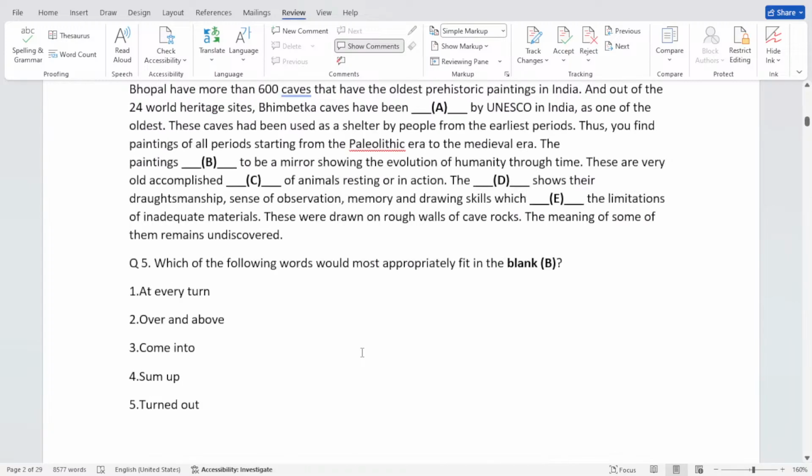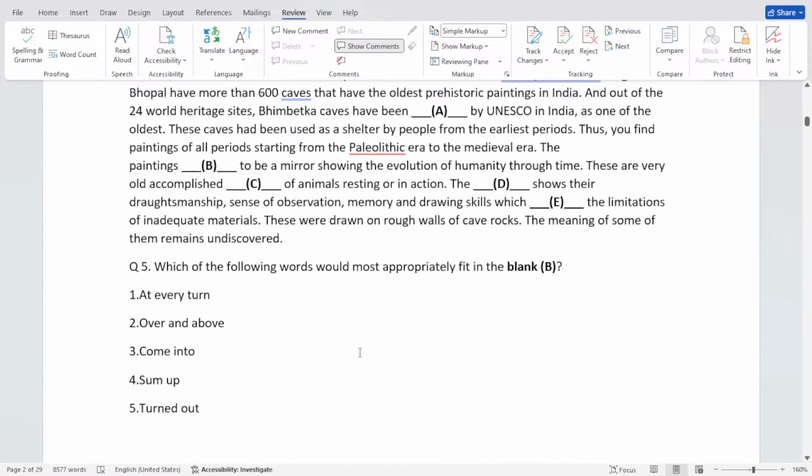So which of the following words would most appropriately fit in blank B? Here at every turn is given. So on every occasion it is continuously recognized.